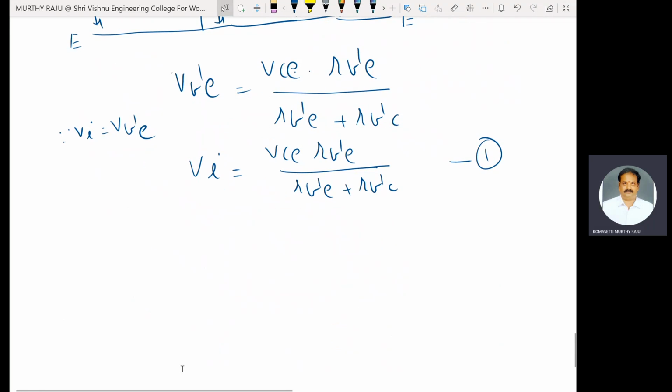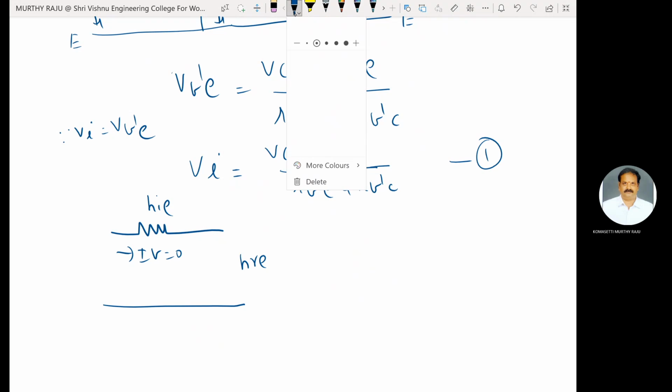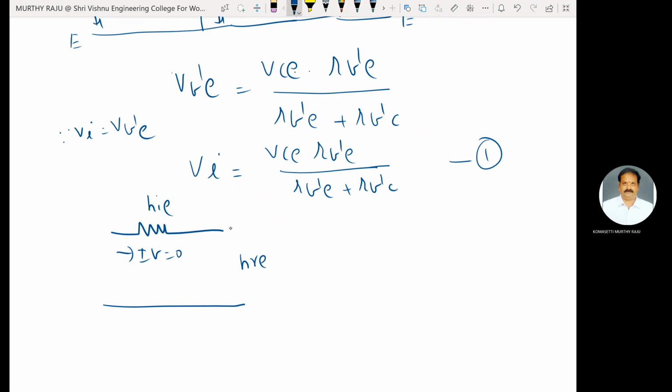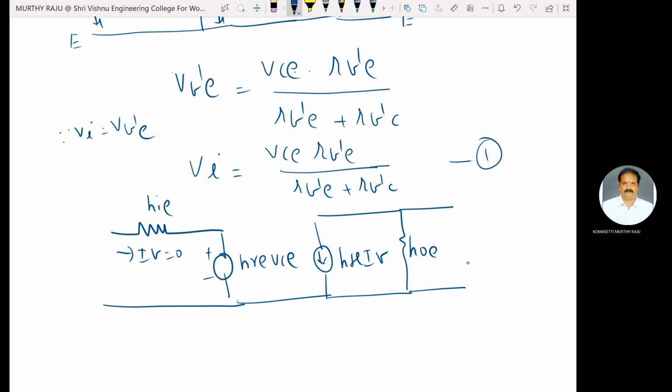Consider the H parameter model at low frequency. This one is HIE. Put IB equal to 0. HRE, this one is resistance, plus minus HRE VCE. This one is HFE IB, HOE, collector emitter.